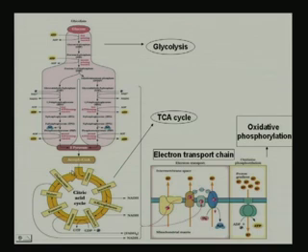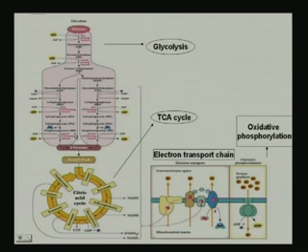When acetyl-CoA enters the mitochondria of the cell, we have seen that it is an 8-step process, and after its completion, 3 molecules of NADH, 1 molecule of FADH2 and 1 molecule of GTP are produced from 1 molecule of pyruvate.